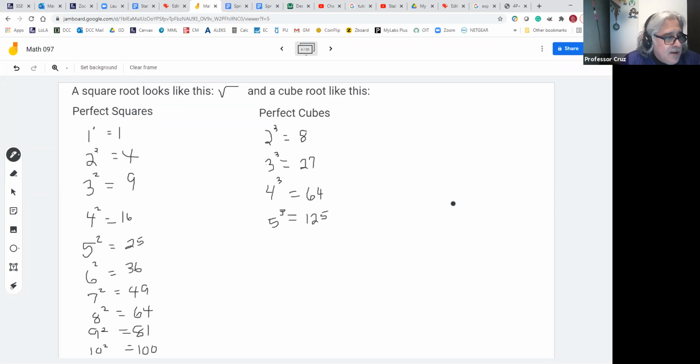It's not a division sign, but it sort of looks like that because it's got a point there and that little crook. And the square root is the only one that doesn't have a number in there. That's just because that's the base case. It's like why we don't say x to the first power: if there's no power up there, it's understood that it's just 1 power of x. Well, this is understood to be a square root, and the cube root looks just like that.